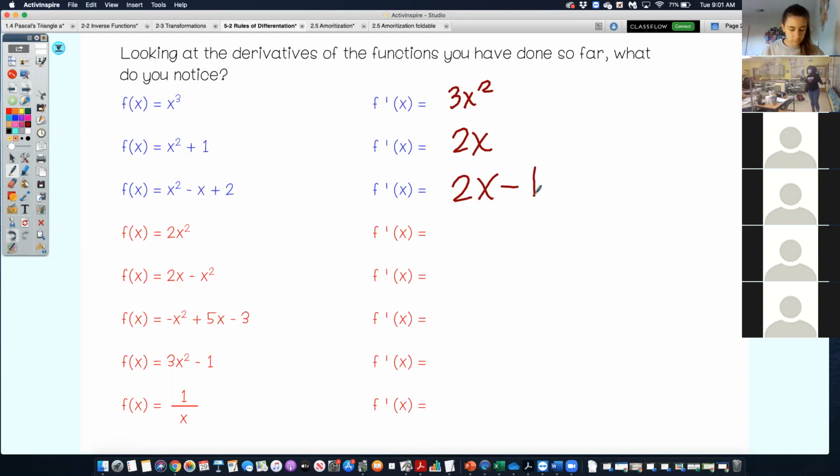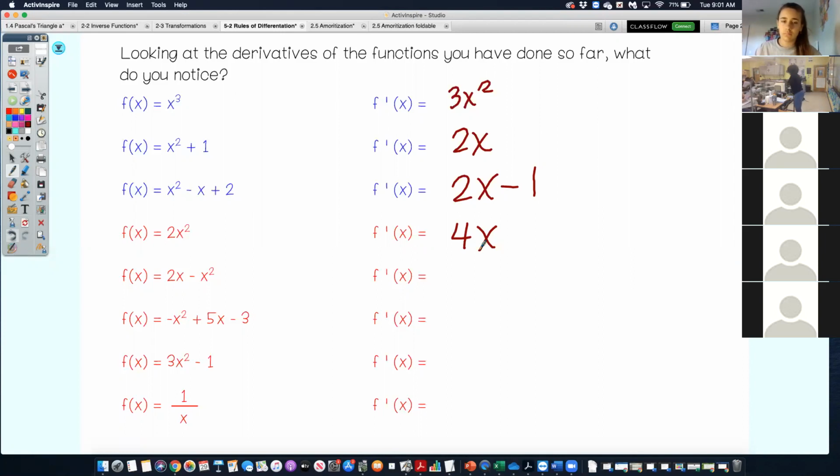Now all the ones in red were from your homework. So look at your homework. You had to do the formal definition with 2x squared. What did you get for the derivative? 4x. What about 2x minus x squared?